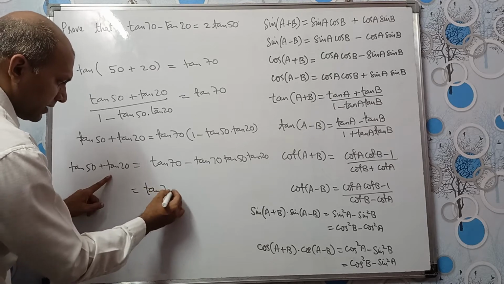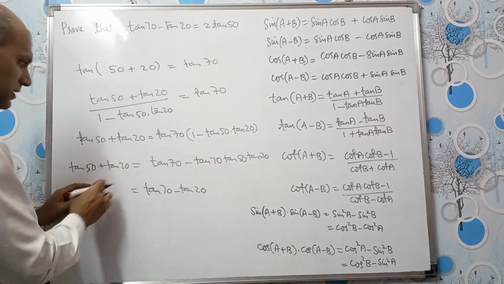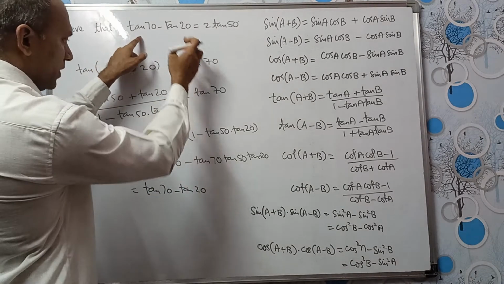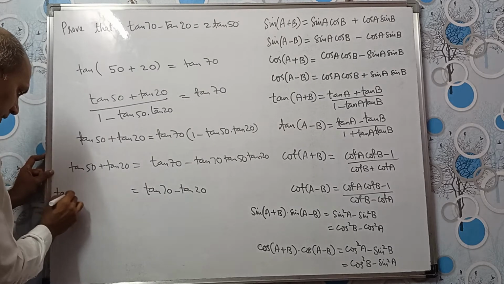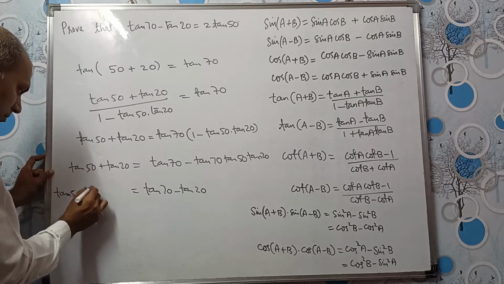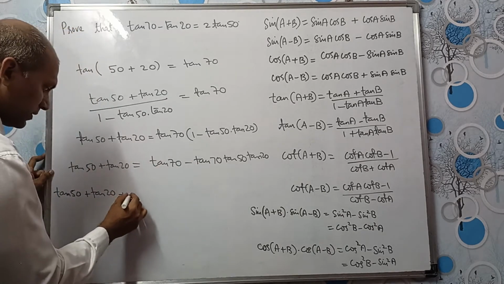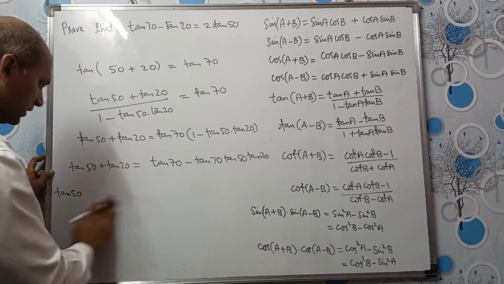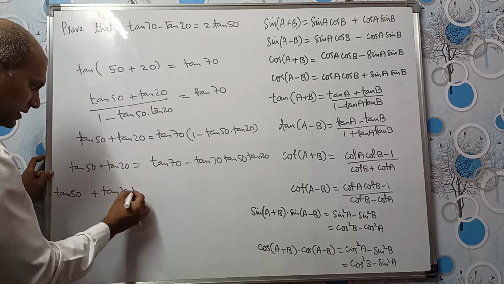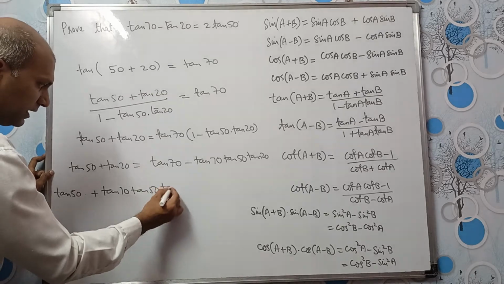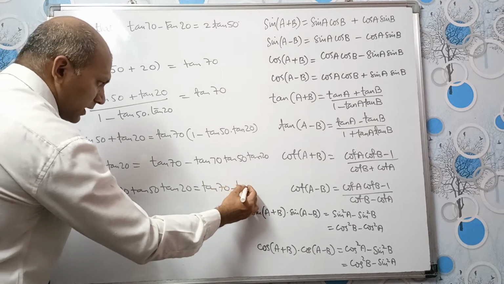It will be tan 70 minus tan 20, and this term this side, because we need tan 70 minus 20. So here this will be tan 50 plus tan 20. We sent tan 20 to the other side, so let us write tan 70, tan 50 and tan 20 is equal to tan 70 minus tan 20.